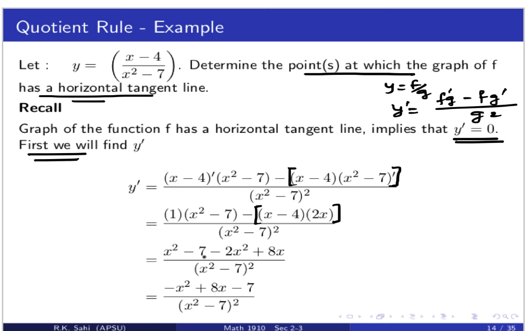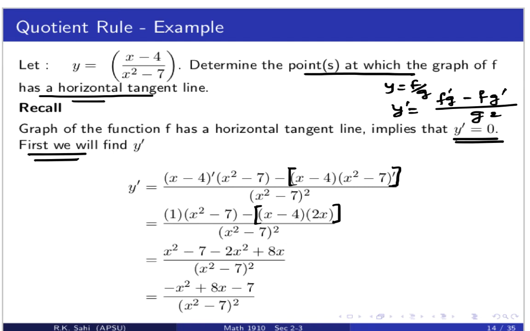You're going to have x squared minus 7, and this is 2x squared minus 8x. When you take the negative inside, you get negative 2x squared plus 8x. So what we're getting is minus x squared plus 8x minus 7 over x squared minus 7, the whole square.